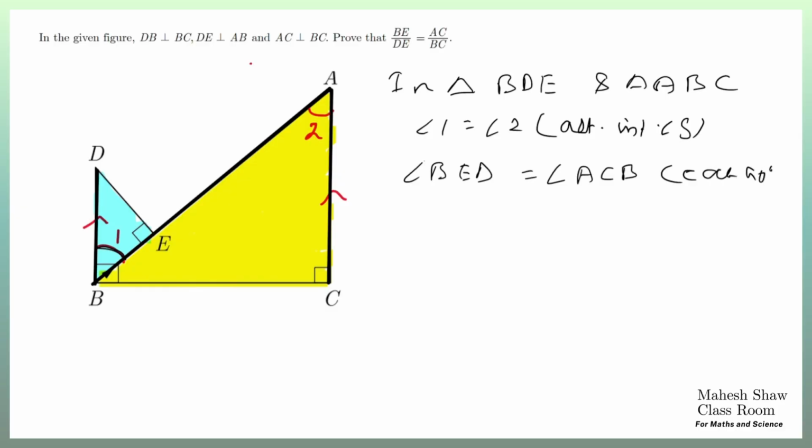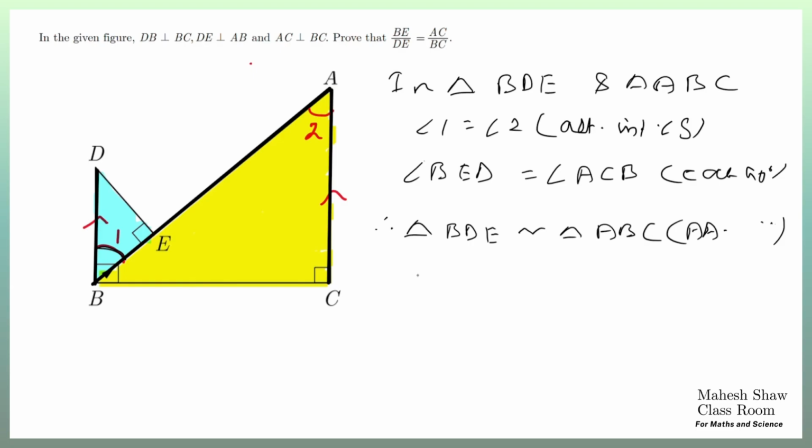That's each 90 degrees. So now we can write these triangles as similar. That is, triangle BDE is similar to triangle ABC, and that is from the AA similarity criterion.